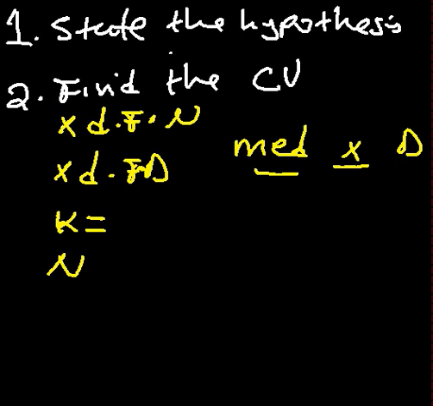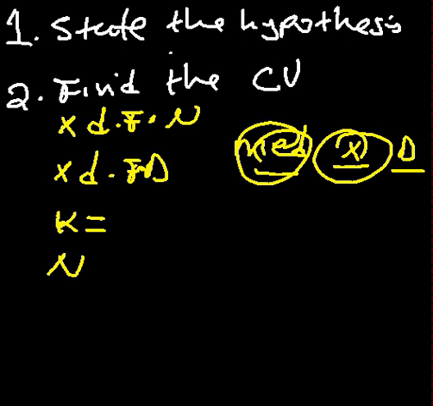So if that's the case, then we have three subjects, that is medication, exercise, as well as the diet, based on the information that we are dealing with. But just have to know that.